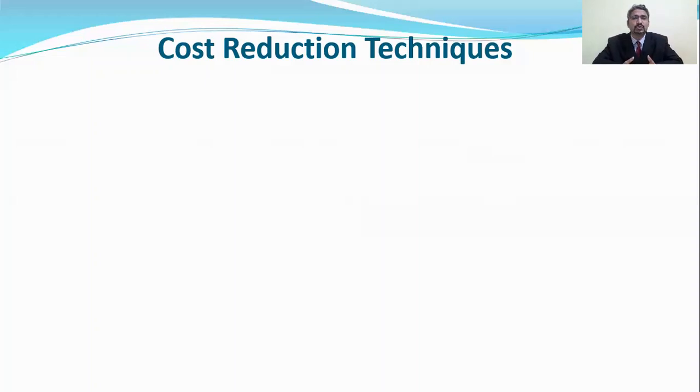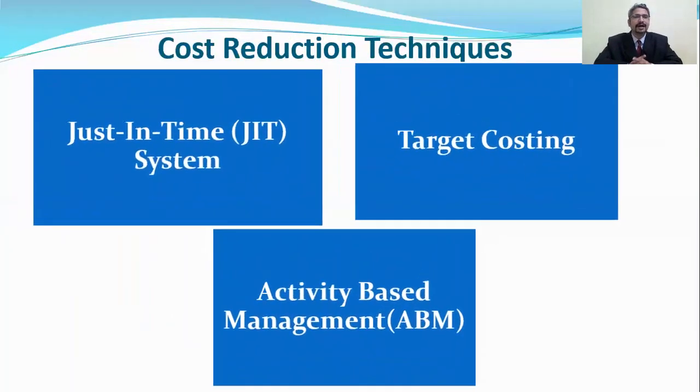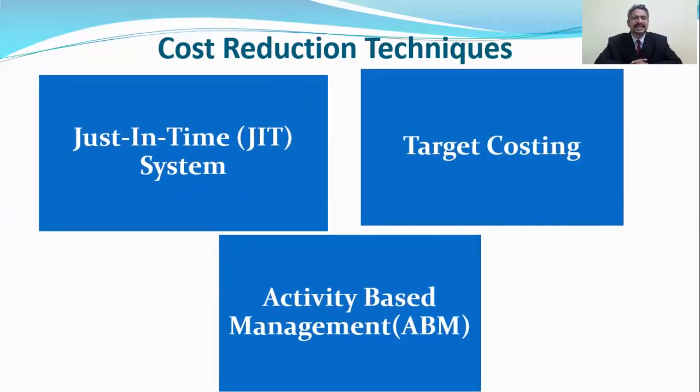Which one should be suitable, that needs to be decided by that organization. Like these three are the first three techniques we are going to understand about the cost reduction techniques. First is called just in time, JIT system. Second is target costing, and third is ABM, activity based management.